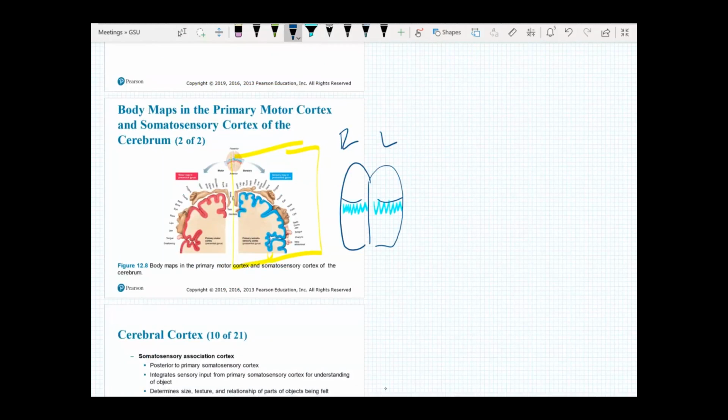And this area could be toes. This area could be mouth. This area could be finger of your right hand. You can actually have all of these individual places. So what's tricky and weird with this image is it makes it look like your right has your motor and your left has your sensory. That is not the case. It is essentially like wearing two full headbands.